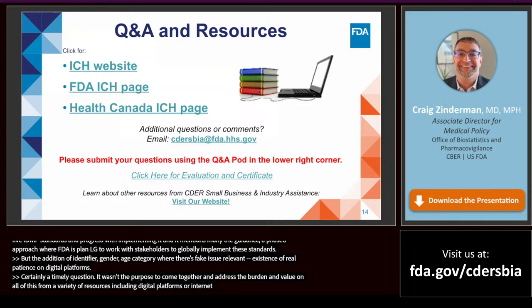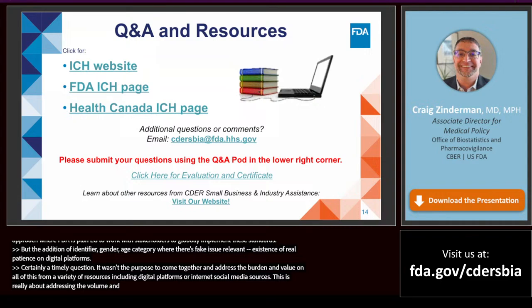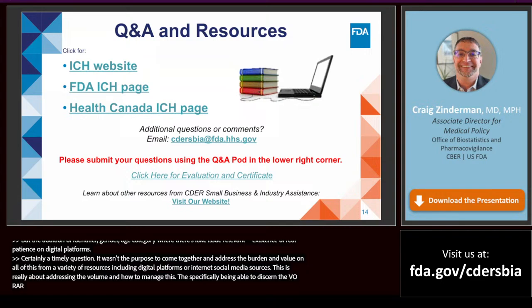It was really about addressing the volume and how to manage all of these cases and how they should be reported. Specifically, being able to discern the veracity of information on social media or other internet sites, being able to tell what's real and what's not real, what's fabricated by a bot or generative AI, wasn't really part of the goal of coming together to do this revision.